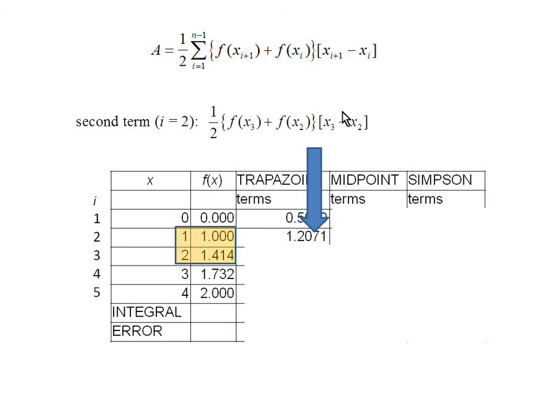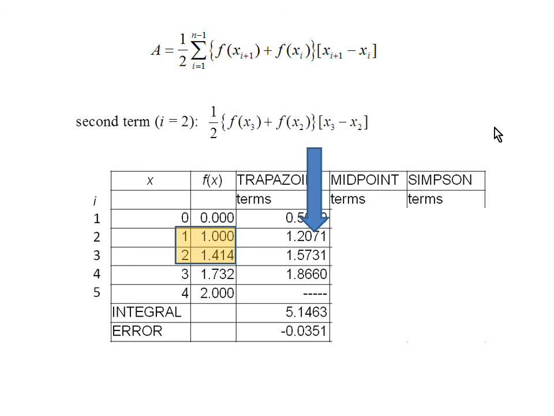Then we repeat this for the next terms, I equals 3 and I equals 4, but this only goes up to n minus 1, so we're not going to calculate it for I equals 5. So these are the individual terms. We add them up, and this is the integral, and we calculate the relative error, where the exact value is 5.33, and that's the relative error.